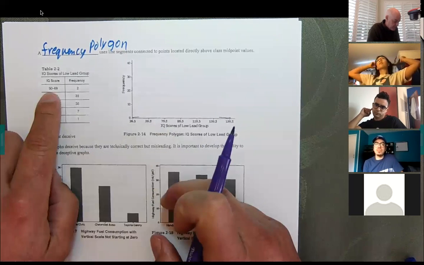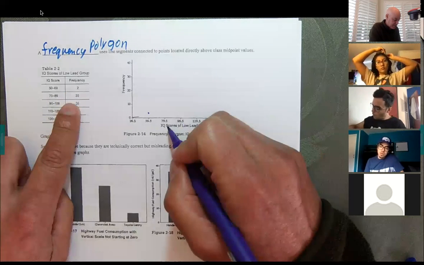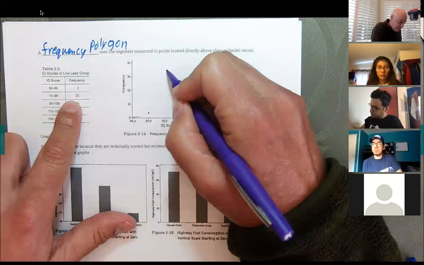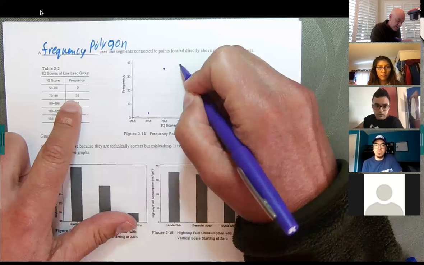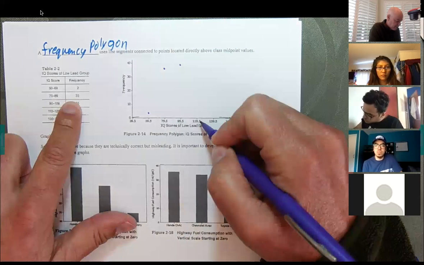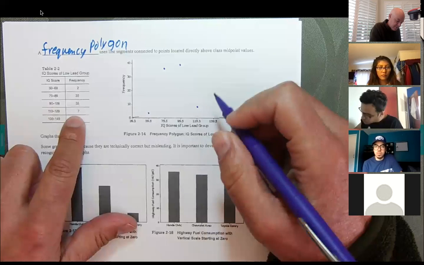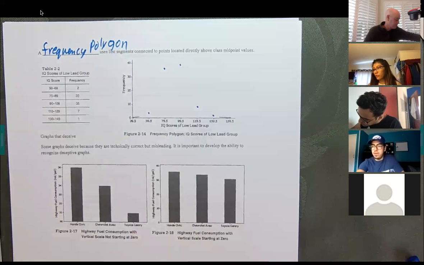So the class midpoint is going to be represented here with a 2. This next one is 79.5. That's going to be up here at 33. This one's at 35, just a little higher. This one here is down to 7. This one down here is at 1. So here's how this works.